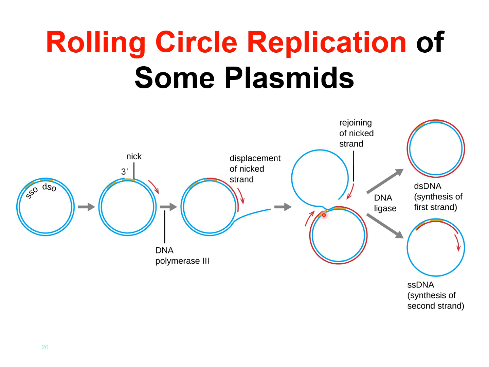Okay, so it just goes around. So we call it a rolling circle replication because it just rolls around and makes a new strand to go where the old strand had been pulled off. And then this old strand that gets pulled off, then you can just make a new strand to go with that one too. Okay, and then you can pass that on to the daughter cells as well.